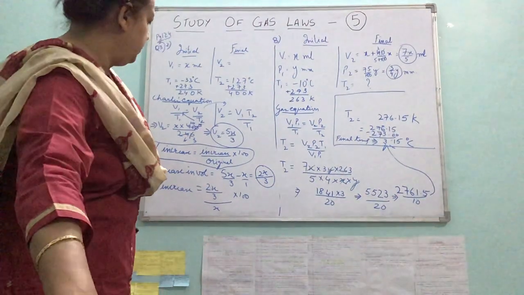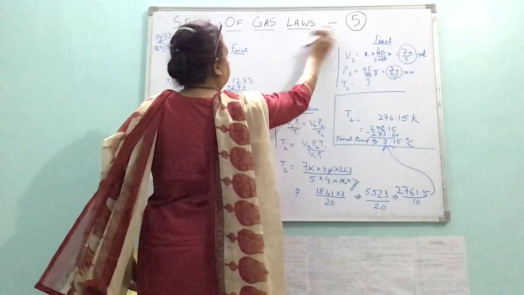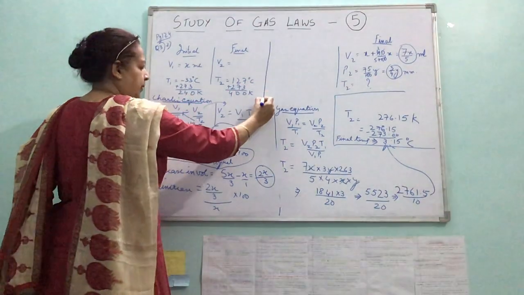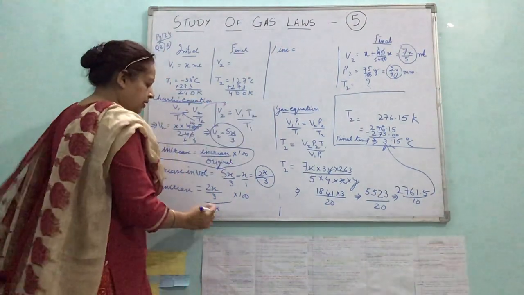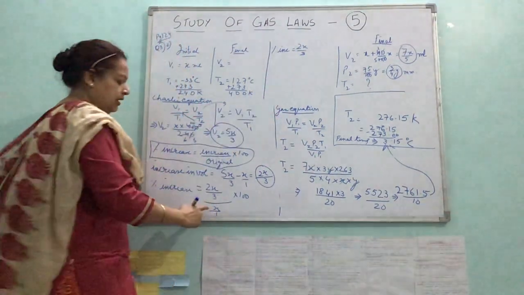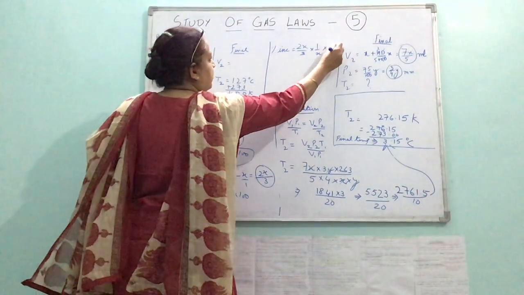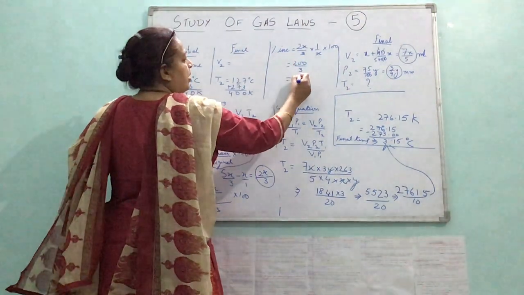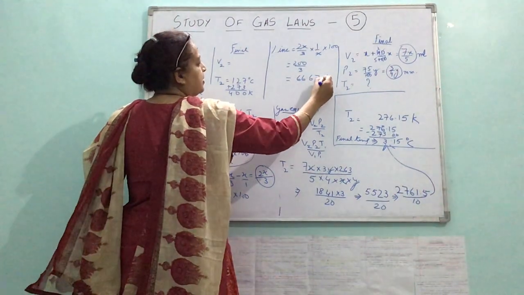Percentage increase: it is x upon 1, so we take the reciprocal. 2x by 3 reciprocal into 1 upon x into 100. 200 by 3, 66.66 recurring.